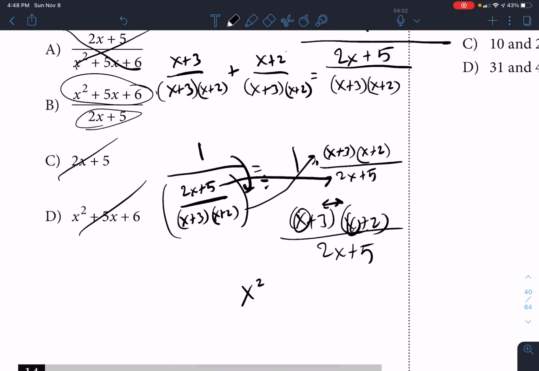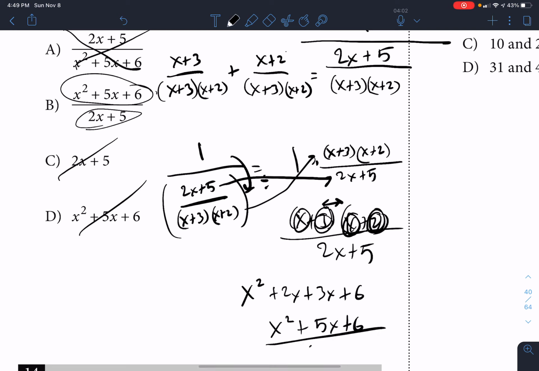Outside terms, x times 2, plus 2x. Inner, 3x, plus 3x. Last, 3 and 2, plus 6. So it must be x squared plus 5x plus 6 all over 2x plus 5. That's going to be B.